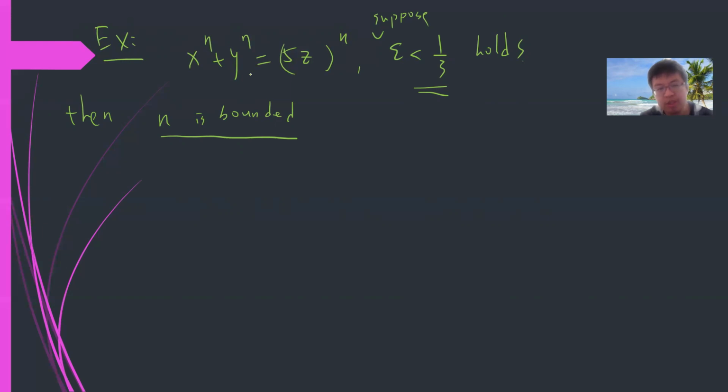So basically, if n is greater than something, then this equation cannot happen, right? So basically, it's the same proof as the previous. So let me just quickly make the proof.